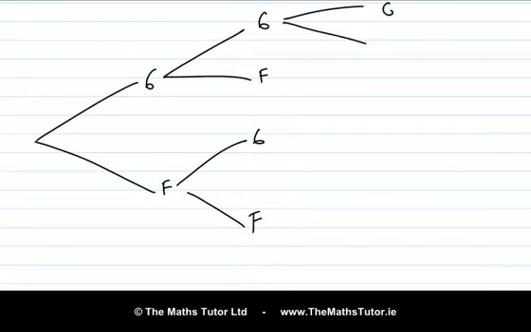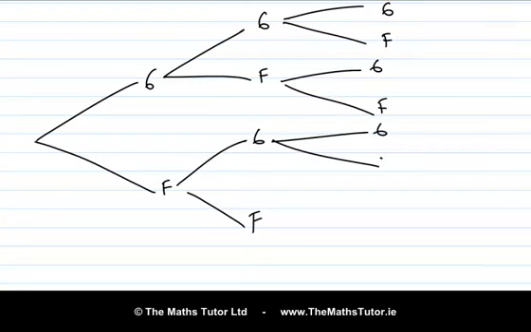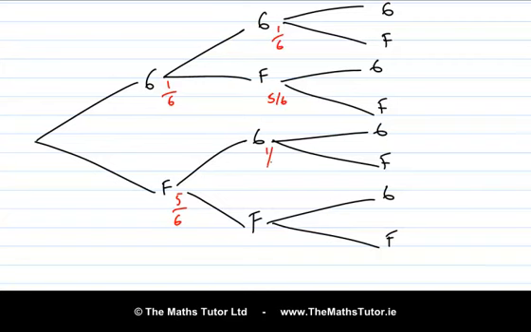Third trial, a 6 or failure, and so on. Let's put in the probabilities at each stage as well. So the chance of getting a 6 on the first roll of the die is 1 over 6. Chance of failing is 5 over 6. 1 over 6, 5 over 6, and so on. Just fill the rest in now.